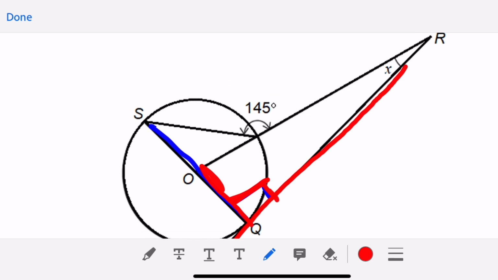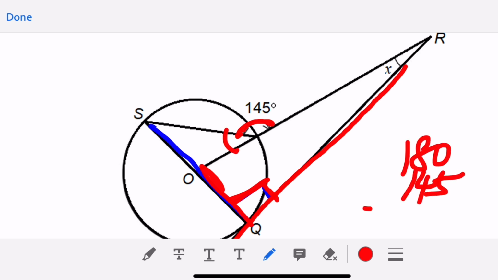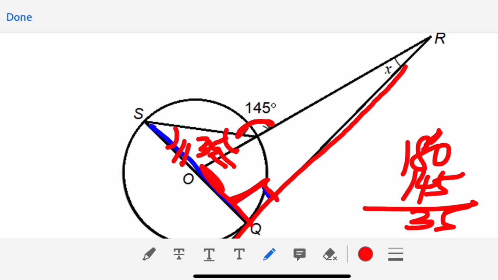Right, so if this is 145, here will be 180 minus 145, so you will get 35 here. So this is radius, here will be 35 also. Right, 35 here. Okay, so we have found the 35. Now we can find this angle, right? 35 plus 35 is 70.